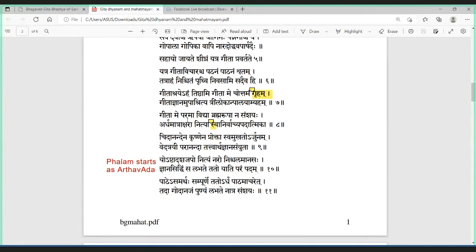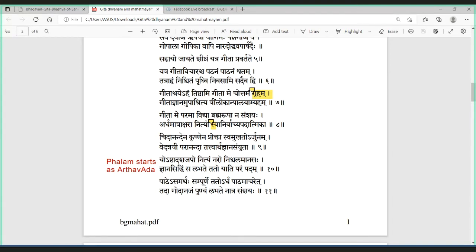Gita me parama vidya brahma rupa na sanshayah ardha matrakshara nitya swanirvachya padatmika. Again there is a pathantaram. Instead of swa it is sa nirvachya padatmika. Gita me parama vidya. Whatever is the knowledge in the Gita is param vidya, highest knowledge. Brahma rupa, of the nature of Brahman. Na sanshaya, have no doubt in it.